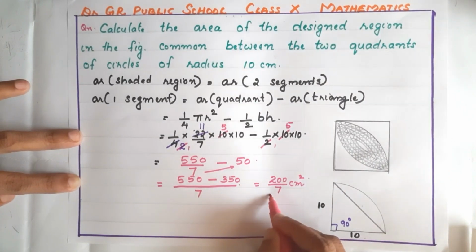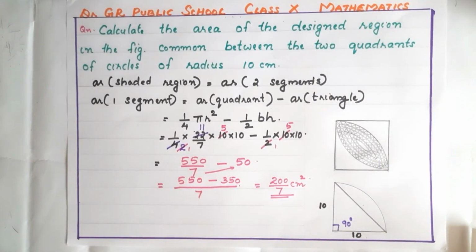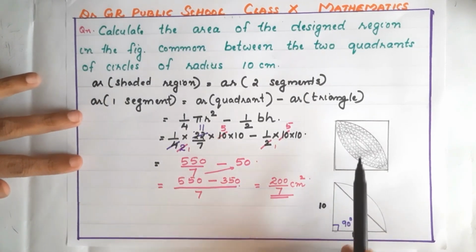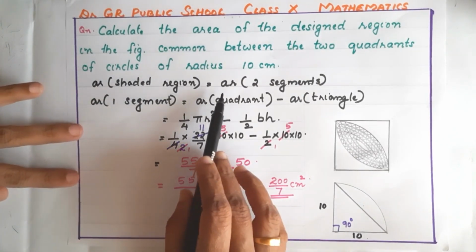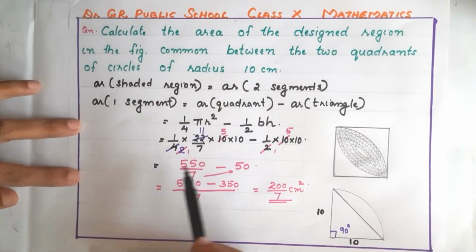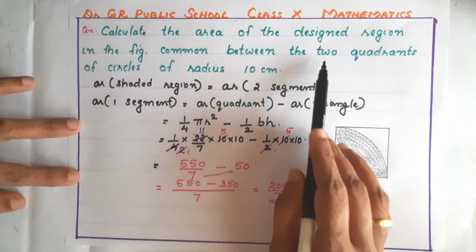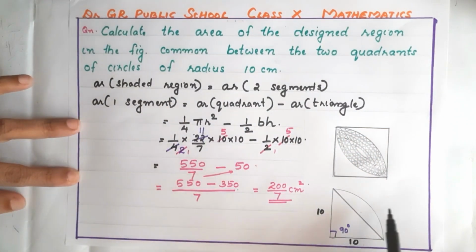So we got the area of one segment as 200 by 7. What is our question? The actual question is to find the area of the shaded region. So the area of shaded region is equal to the area of two segments. Both the segments are the same because the quadrants are of the same radius.